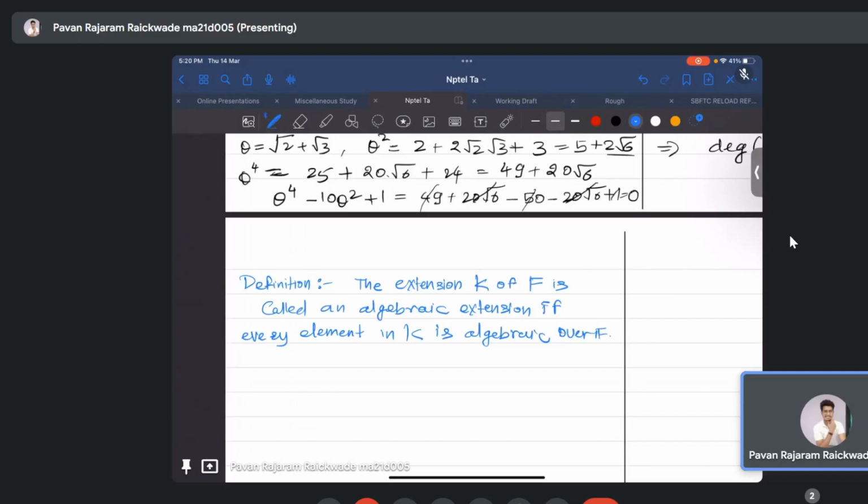If every element is algebraic, then the field extension is called an algebraic extension. Okay.